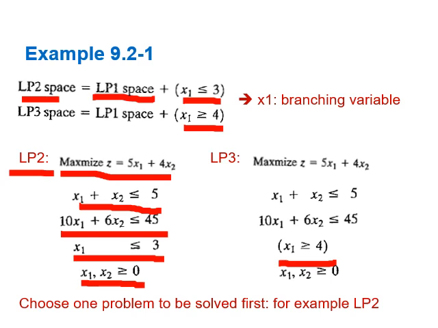And still x1 and x2 are greater than or equal to 0 and non-integer. This is still a linear program. Now we have two linear programs, LP2 and LP3. We need to solve these. So let's start with LP2.